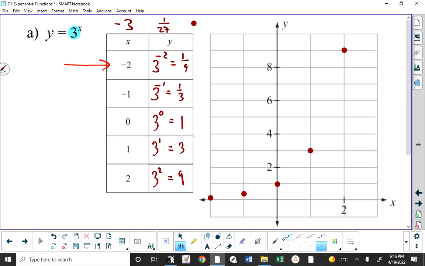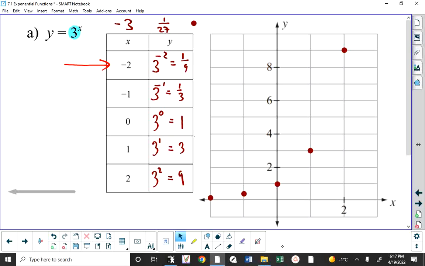As I move in this direction x-wise, as I look not at negative 1 or negative 2, but negative 3, negative 4, negative 5 for x, y is going to be getting smaller and smaller. You can certainly feel free to try this with large negative values of x.